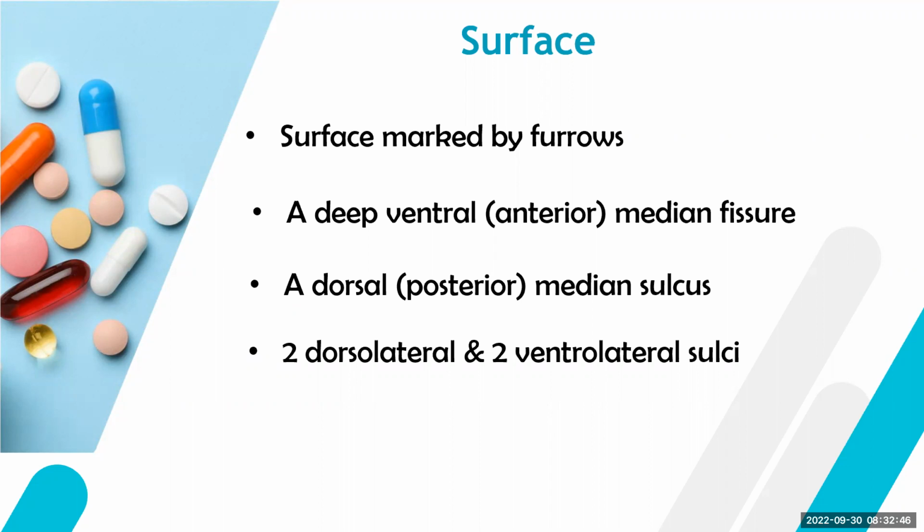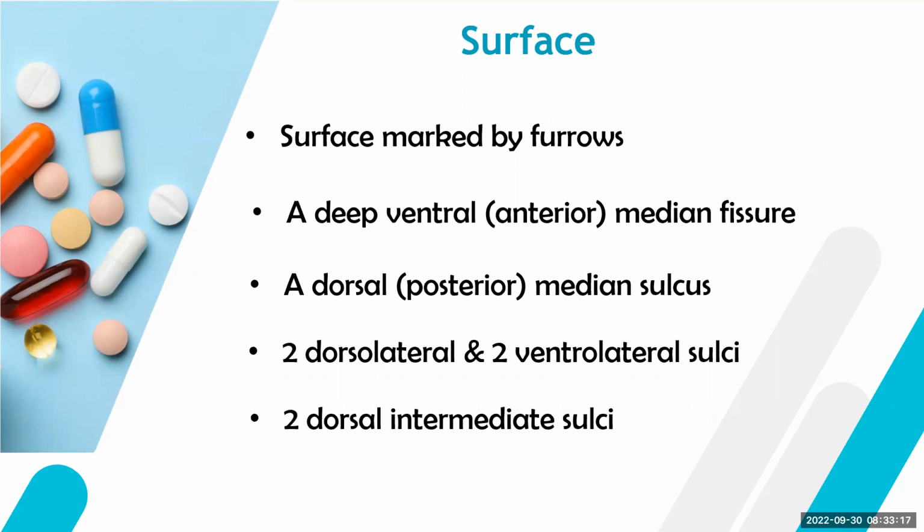One of them is dorsolateral and one is ventrolateral. Now we have a dorsal intermediate sulcus, another intermediate sulcus between the dorsolateral and the posterior median fissure. And why do we have these fissures? Because of the columns.